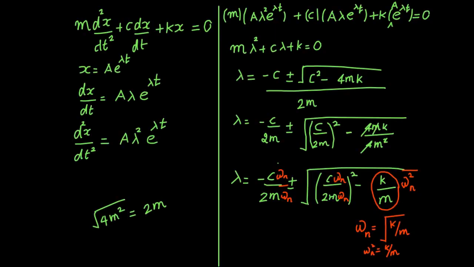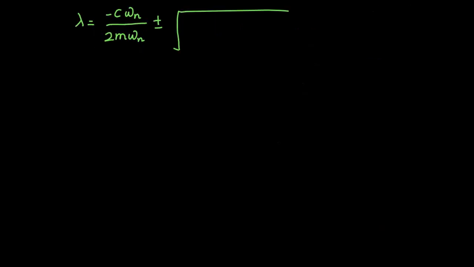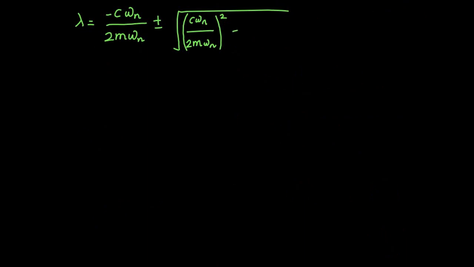So lambda is equal to minus c into omega n divided by 2m omega n, plus or minus inside the root, it is c into omega n divided by 2m omega n, the whole square, minus, now k by m is simply omega n square, that's right.